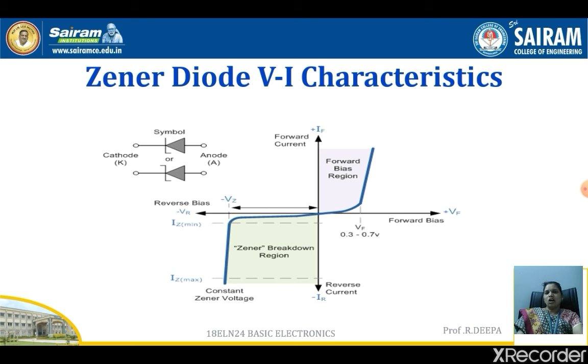Let us see what the Zener diode characteristics are. As I told, the Zener diode behaves as a PN junction diode when it is forward biased, and the main operation of the Zener diode lies in the reverse bias.